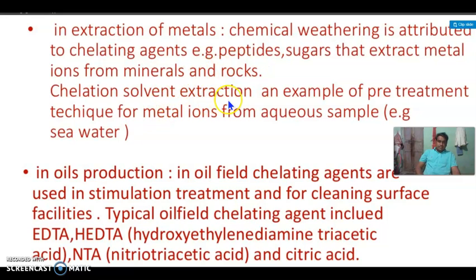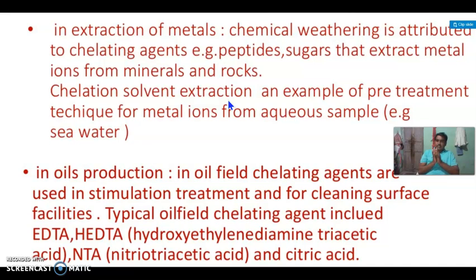Chelation solvent extraction is an example of a pre-treatment technique for metal ions in aqueous samples, for example seawater. If we want to extract a metal from seawater, minerals or rocks, then we use a chelating agent for that purpose, to extract the metal ion in pure form.